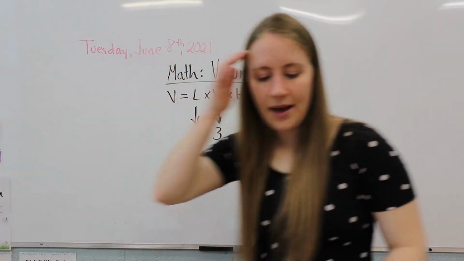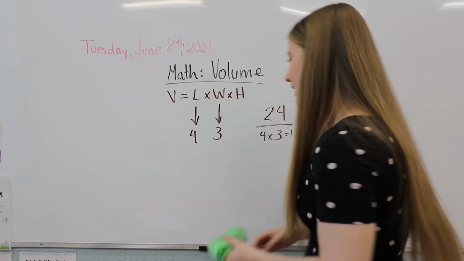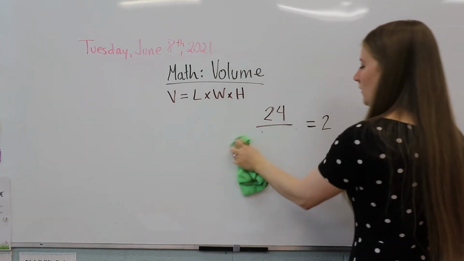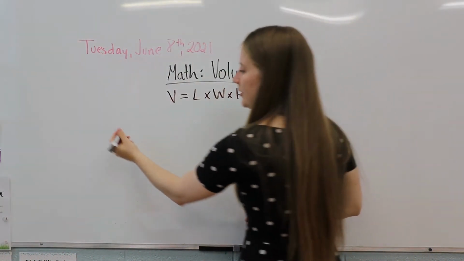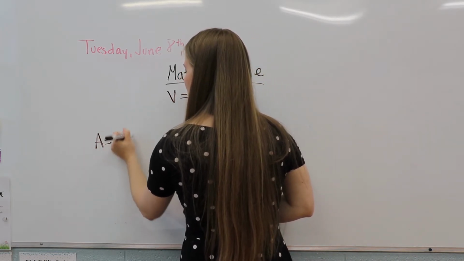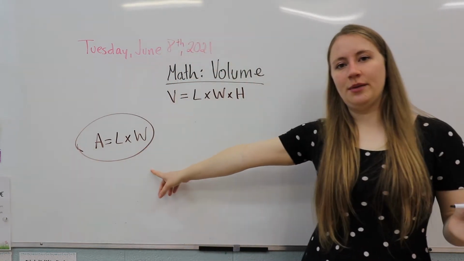And that means that if we're given the area for the base, because we know that area equals length times width, so I'm putting that over here. So we know this from our 2D shapes, right?